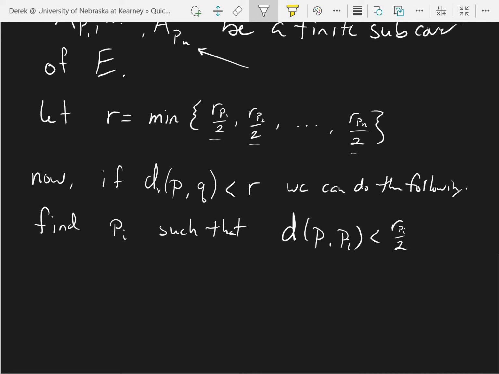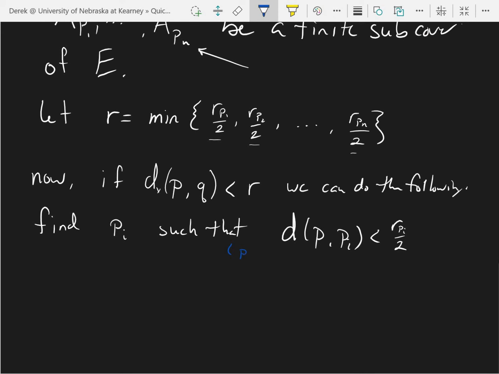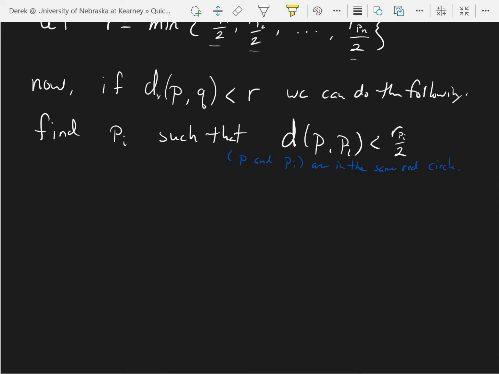Okay, so this statement says P and P sub I are in the same red circle. P sub I has a red circle associated to it. The radius of that red circle is R sub P sub I over 2. So P is inside that red circle.